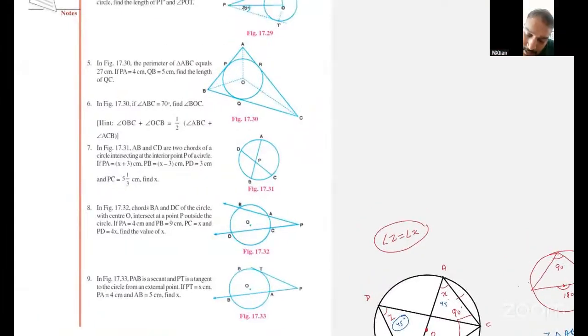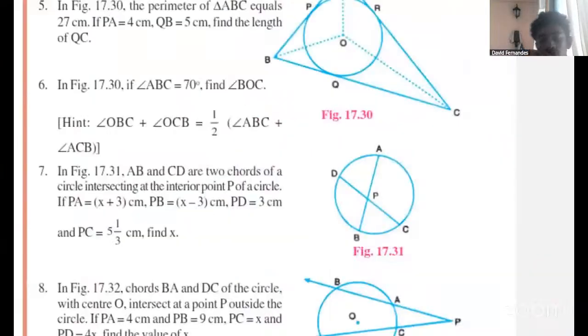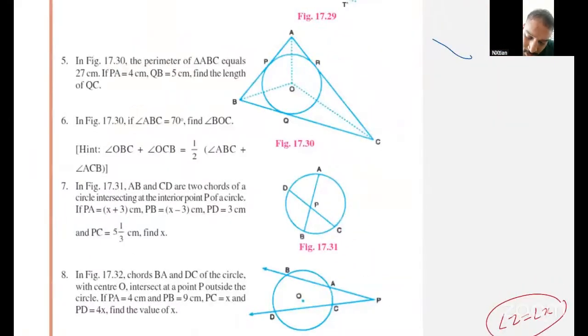If angle ABC, okay, we have this figure. In this, it is given that angle ABC is 70, this is 70, then find BOC. We have to find this angle.